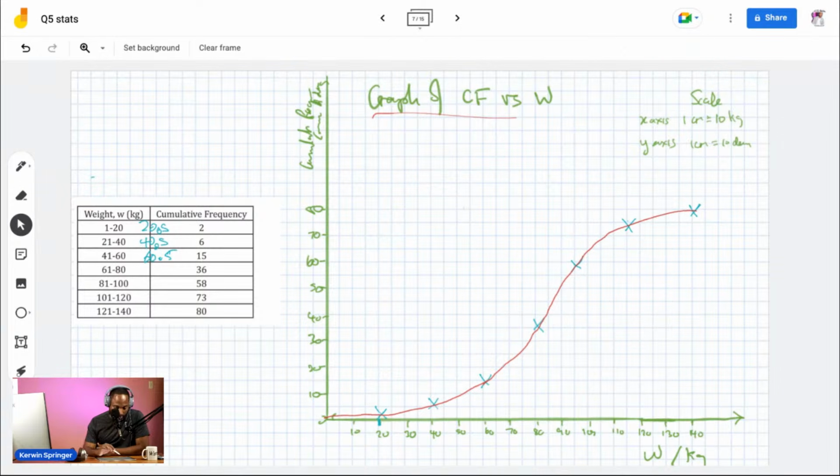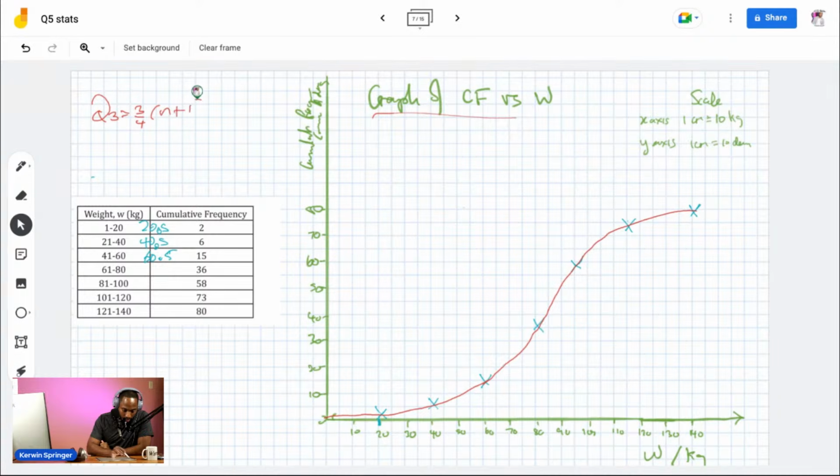They wanted you to use the graph to estimate the upper quartile. This is what you'll do to estimate the upper quartile. You go back to the graph and you do the same thing. Q3, remember the formula I gave you is 3/4 of n plus 1.